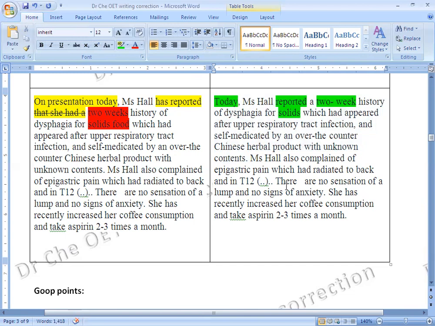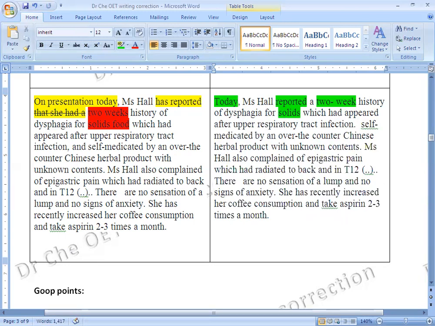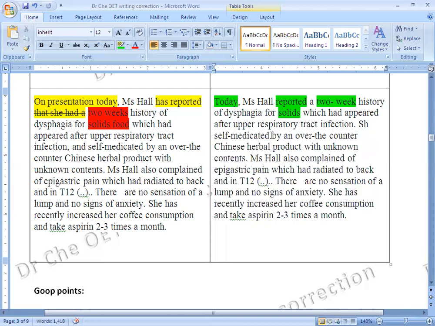That is why we need to improve it. We can divide it into two parts. Which appeared after a respiratory tract infection. Here, full stop. She self-medicated herself, or self-medicated is also okay. She medicated herself by an over-the-counter Chinese herbal product with unknown contents.